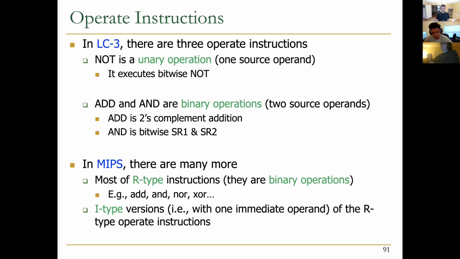You're familiar with these. We have I-type, where I-type is the immediate instruction, right? You have an immediate operand, and you have floating point operations where we did not have any examples so far, but we will discuss later on.